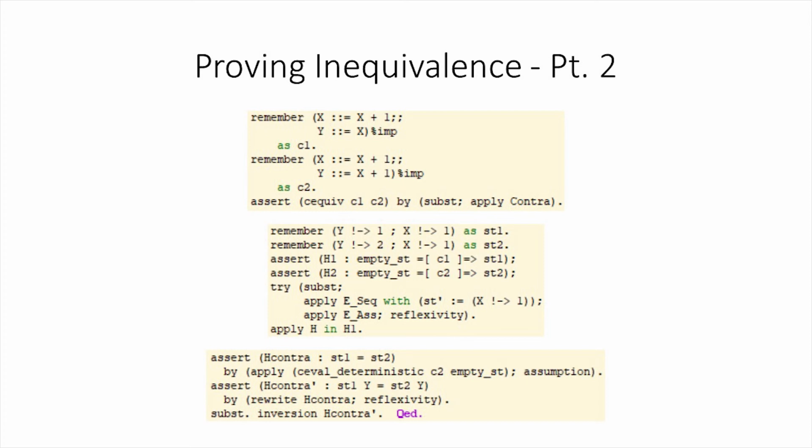So state 2, where y yields 2 and x yields 1, we're attempting to show that that's equivalent to state 1, where y yields 1 and x yields 1. But that's not true because we have y yields 2 in state 2, which is where these two diverge.